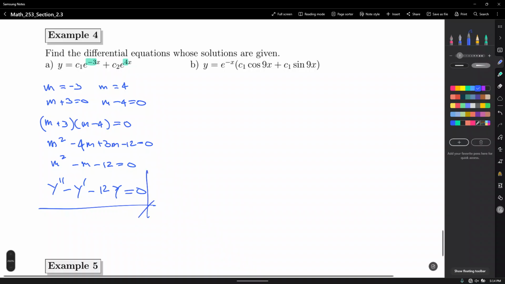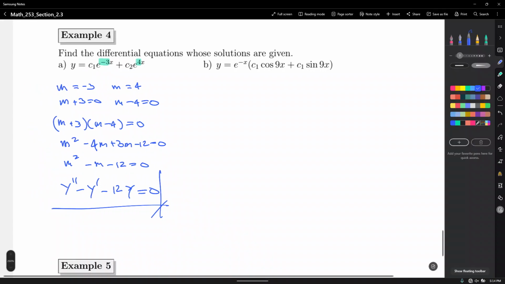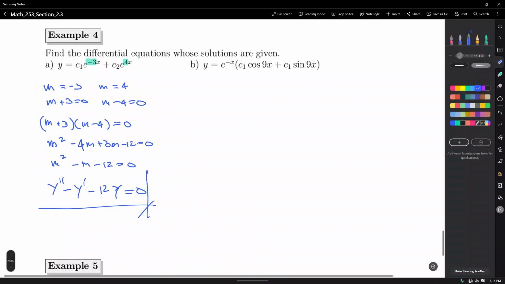So when it comes to something like this, like linear repeated, or even the linear distinct, this is relatively easy to compute.